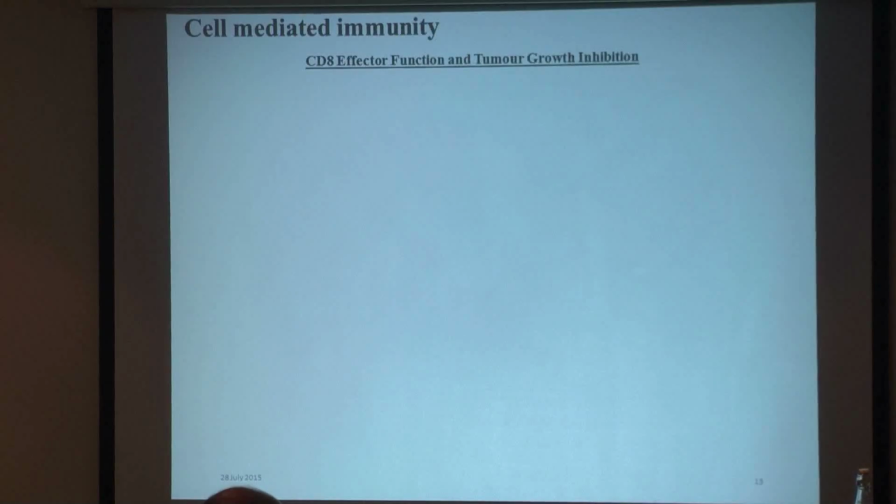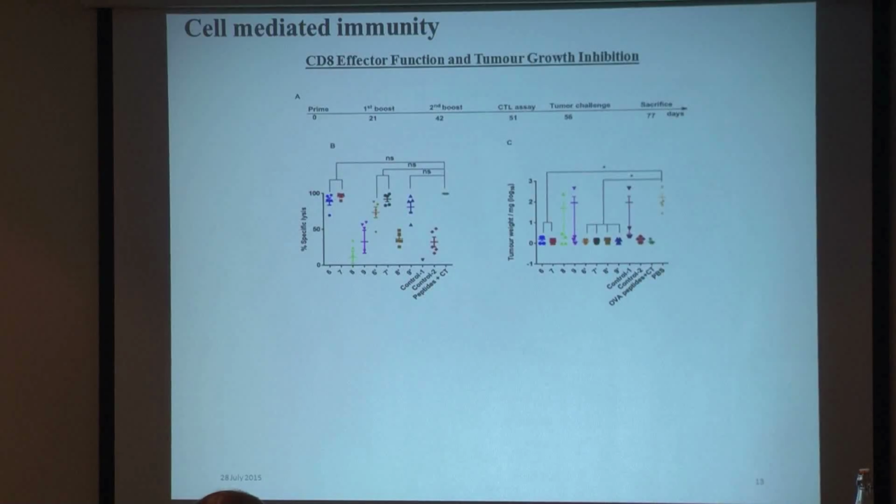Then the results of the CTL assay for checking the activity of these T cells have shown that again constructs 6, 7 and 6 prime, 7 prime and 9 prime had a higher activity, with non-significant difference from the positive control. And these constructs completely inhibited tumor growth.